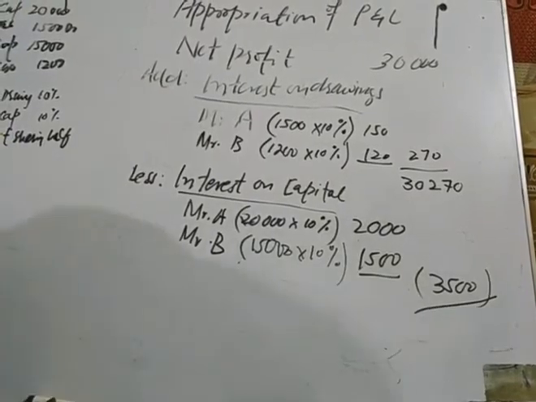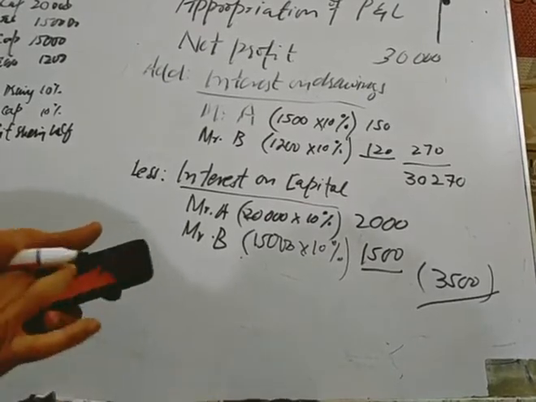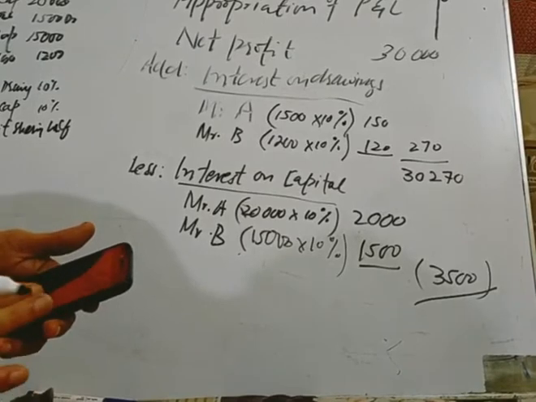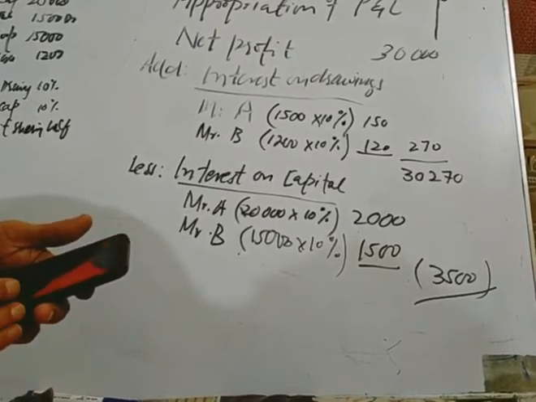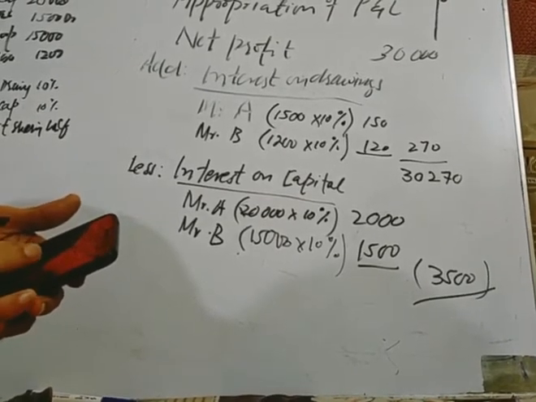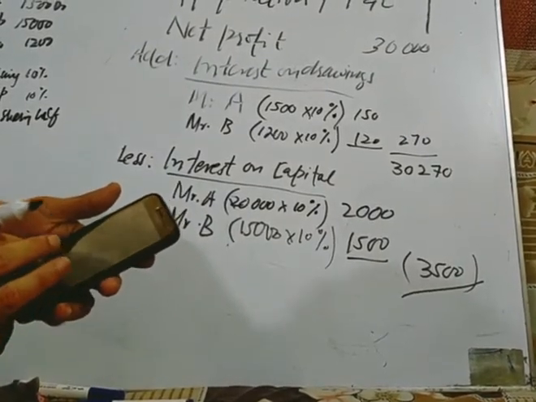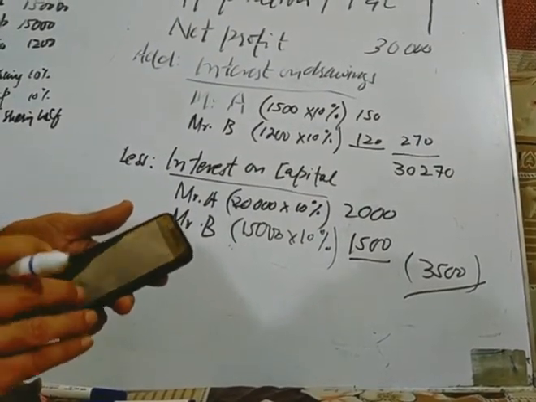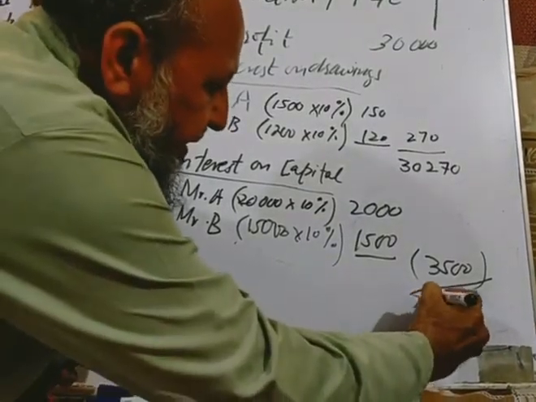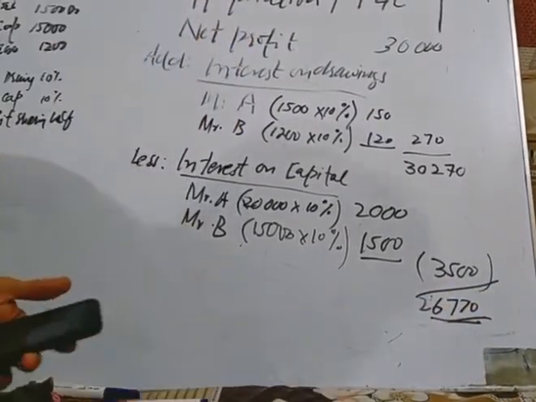So if we deduct 3,500 out of 30,270, minus 3,500 is equal to 26,770, right?